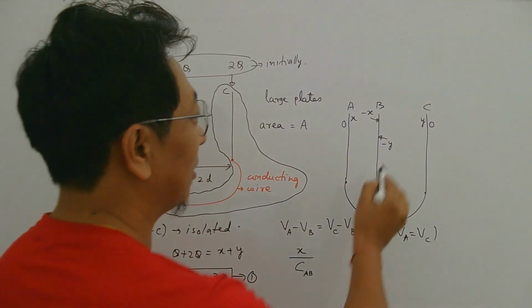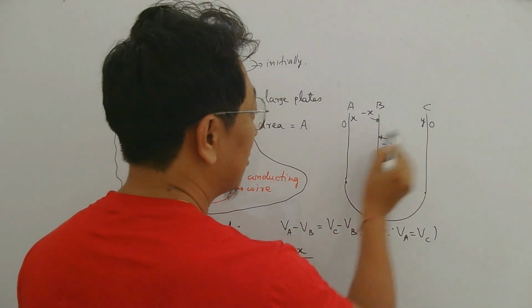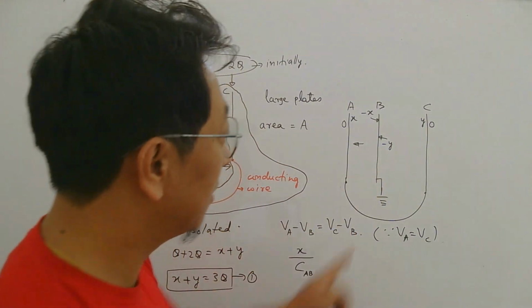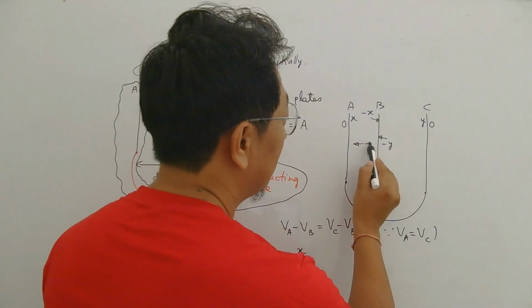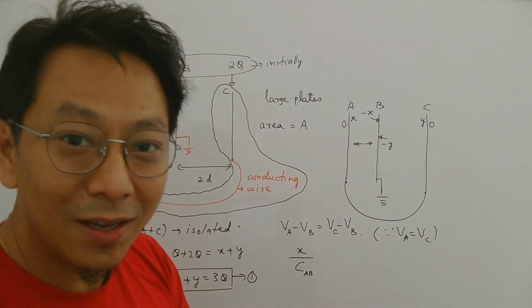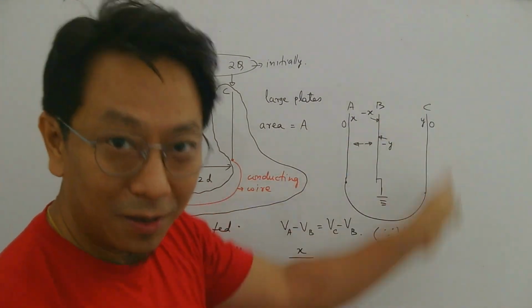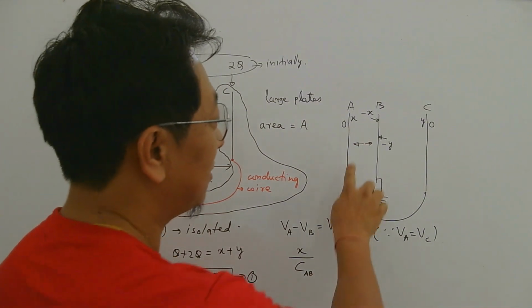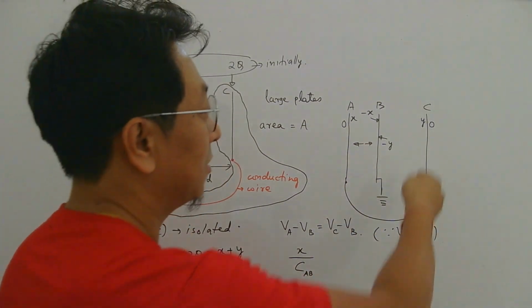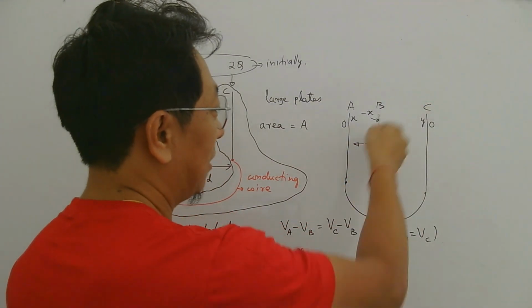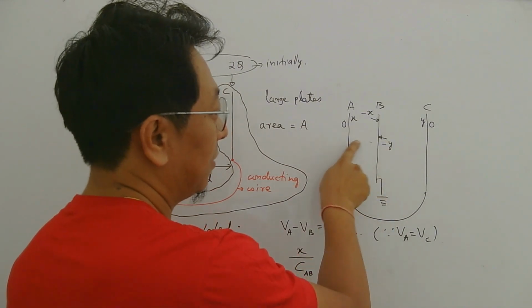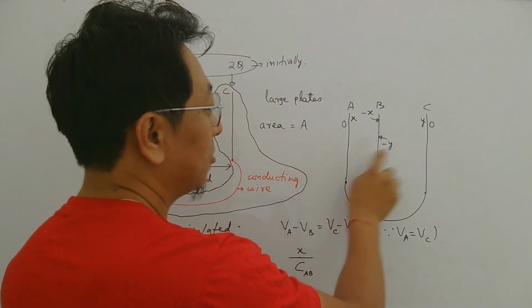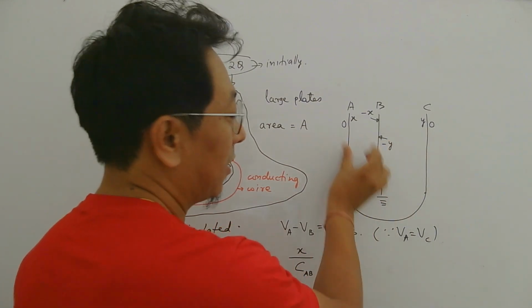You can check actually, due to plus Y the electric field here will be away, due to minus Y it will be towards, and those two will cancel because these are infinite sheets, right, large plates, and therefore these electric fields are uniform. So due to this sheet and due to this sheet, electric fields will cancel. So that's why those charges will not come here.